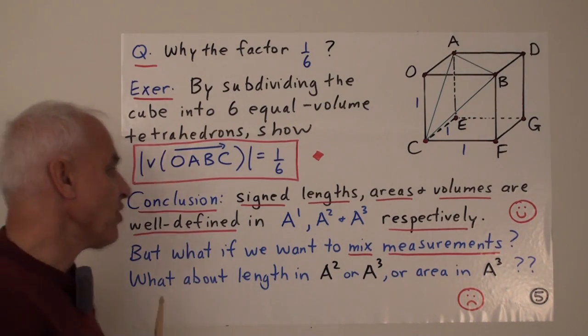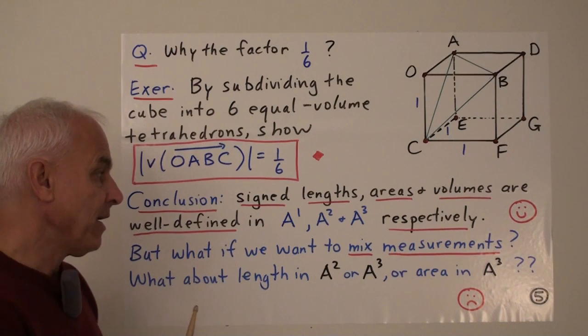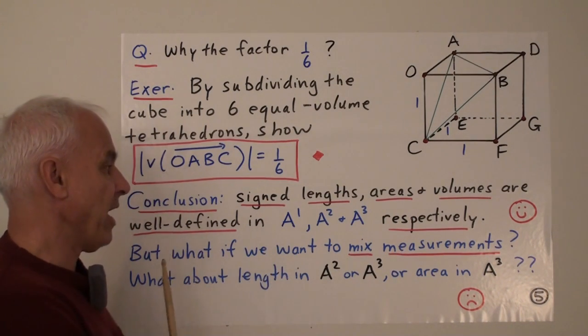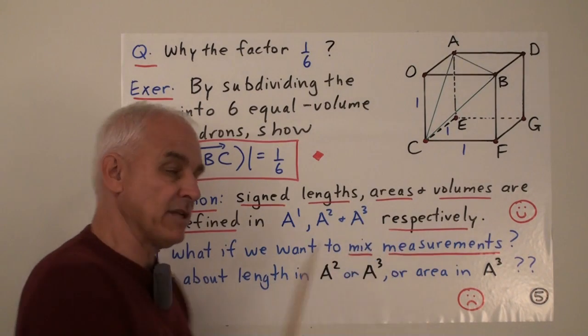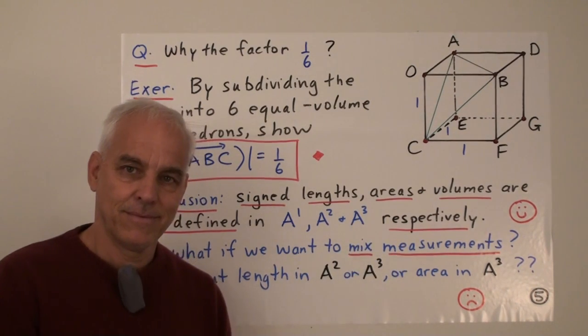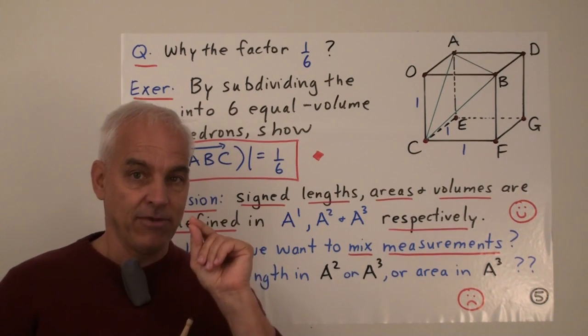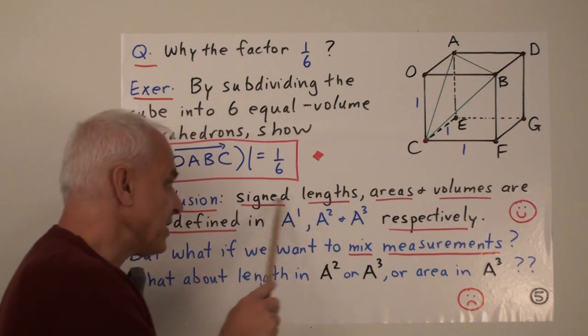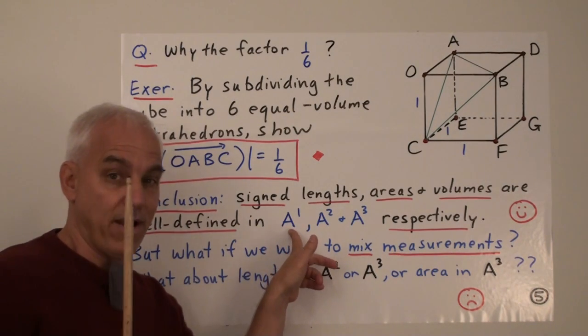All right, so our conclusion so far is that signed lengths, areas, and volumes are well defined in one-dimensional affine space, two-dimensional affine space, and three-dimensional affine space, respectively. But let's be careful what that precisely means. It means that the notion of signed length has been defined in the context of A1.